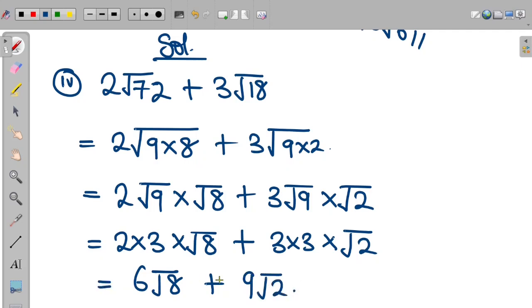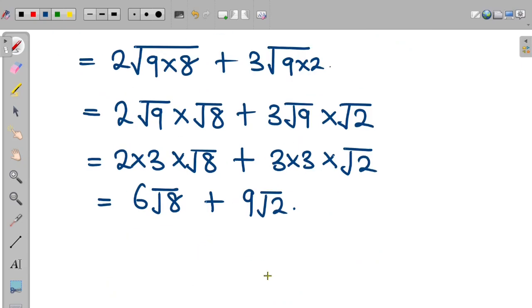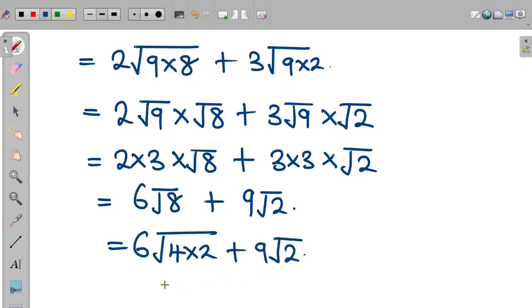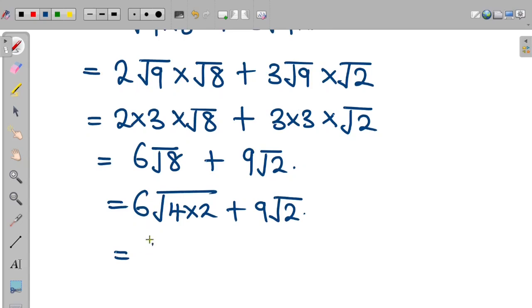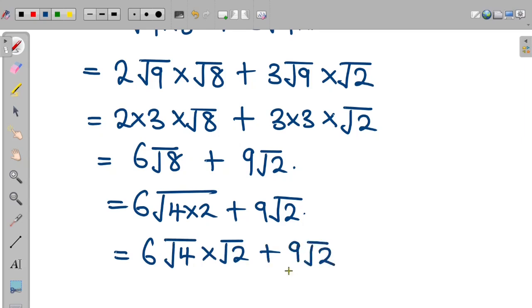We are asked to evaluate this, so we can also express 8 as a product of its factors. So the expression now becomes 6 multiplied by root of 4 times 2 plus 9 multiplied by root 2. And this becomes 6 multiplied by root 4 multiplied by root 2 plus 9 multiplied by root 2.